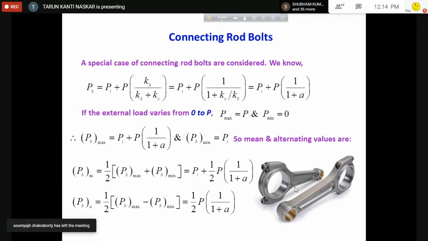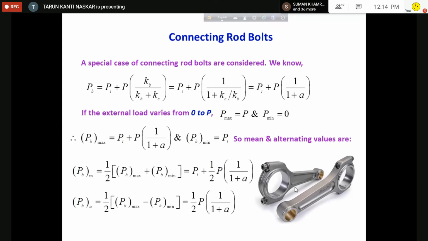The connecting rod is very important, and connecting rod is subjected to a fluctuating type of load. It moves in this manner. So bolts are subjected to fluctuating type of load.